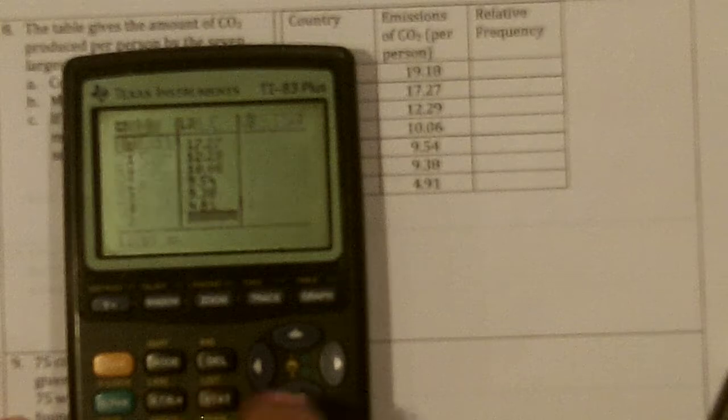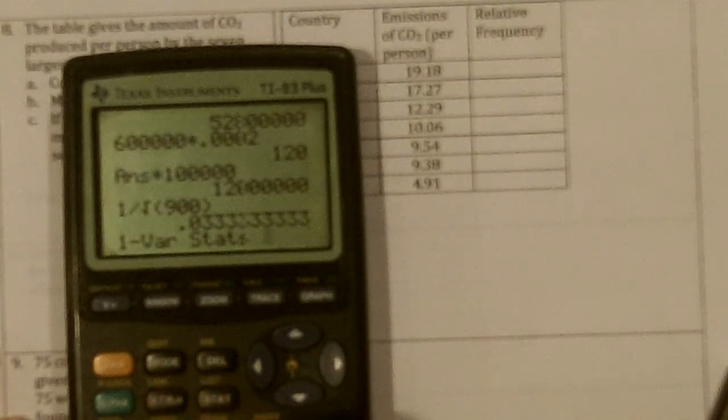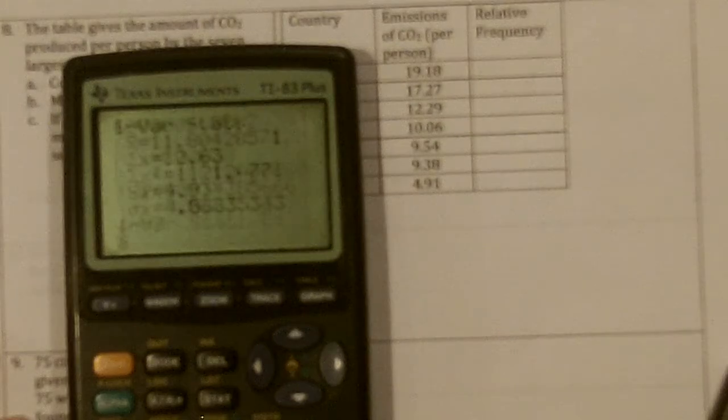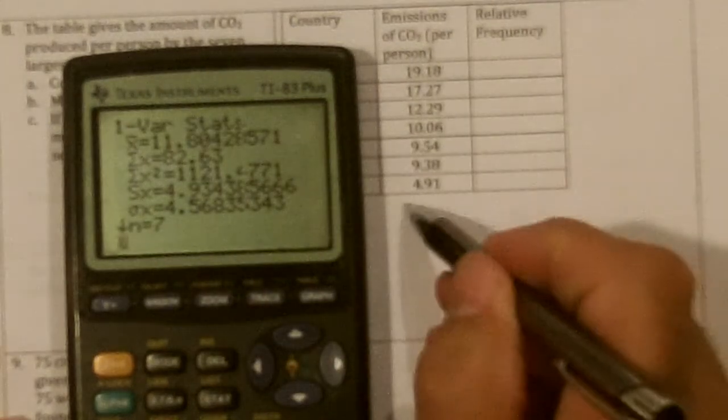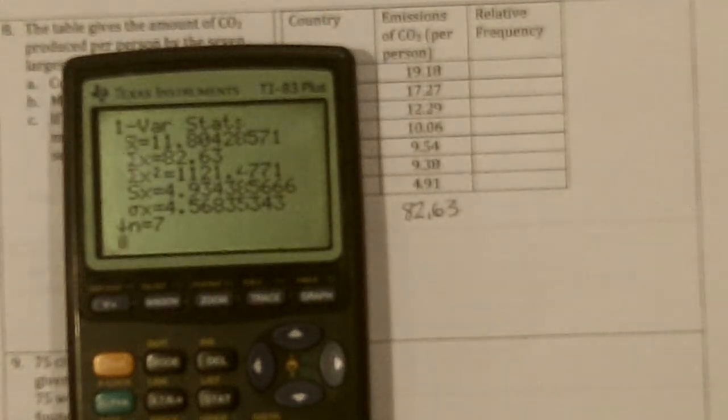If I go stat, calc, one variable statistics on list 2, it will add them up right here. It says the sum of the x's is 82.63. All you're doing is adding them up.